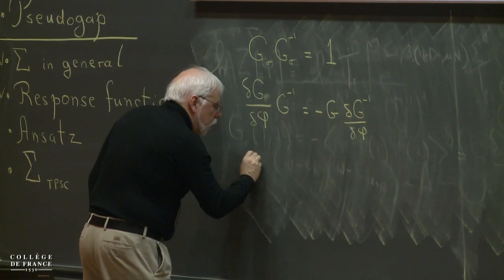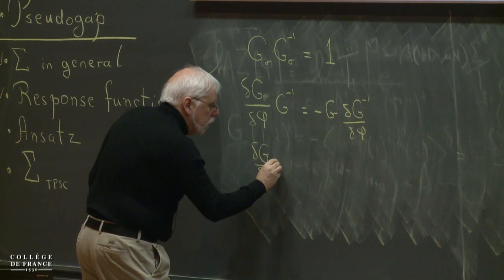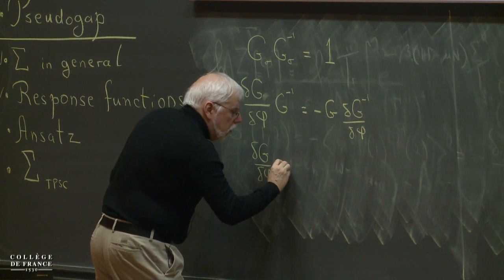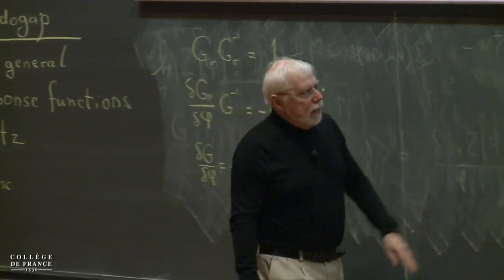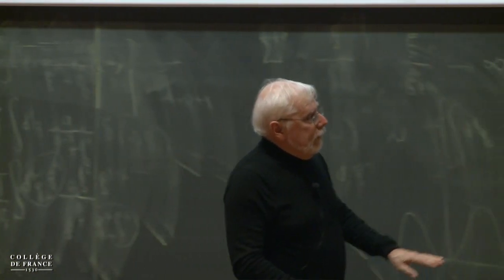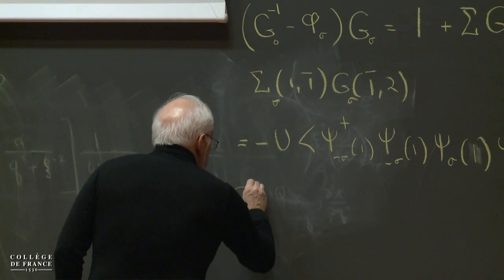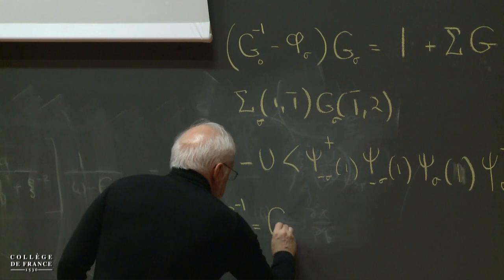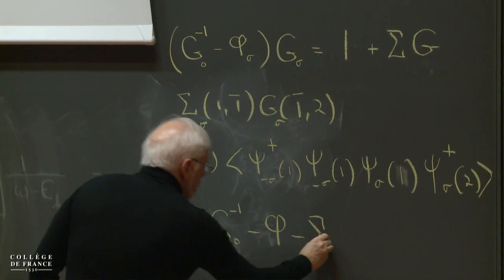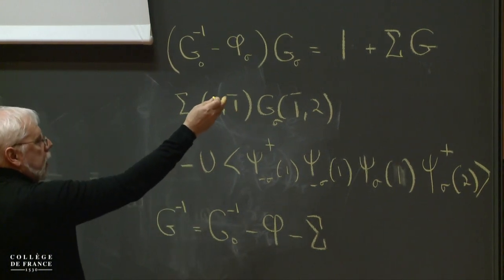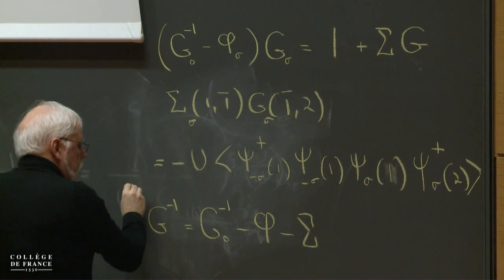Or if you want, delta G delta phi, this 4-point function, is just equal to minus G. Okay, G minus 1 we have here. Because this can be written like this. G minus 1 is G0 minus 1 minus phi minus sigma. Okay, I just multiply by G minus 1 on both sides, and that's what I get.